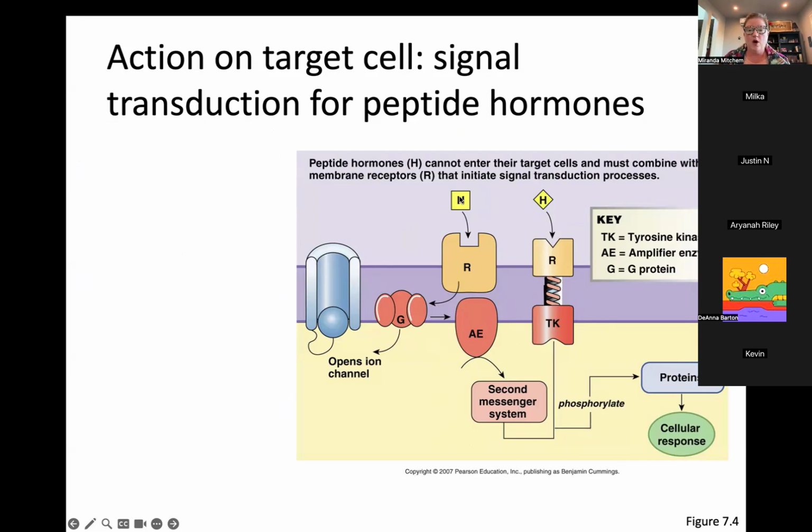So we have our hormone, they're binding to extracellular receptors because they are water soluble proteins or peptides. And once we have the hormone binding to the receptor, it activates a G protein. And then that G protein sends the signal to the amplifier enzymes, which activate our second messenger system.